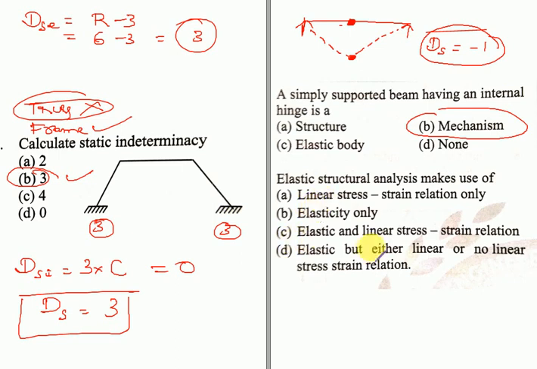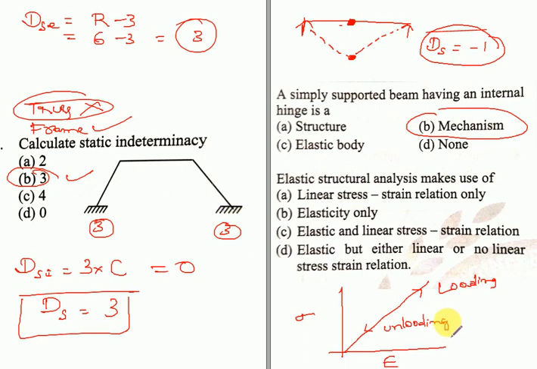Elastic structure analysis makes use of... The elastic structure analysis will be like this. If I draw a graph, if this is stress and this is strain, then the loading portion will be like this, and this would be the unloading portion in this direction.